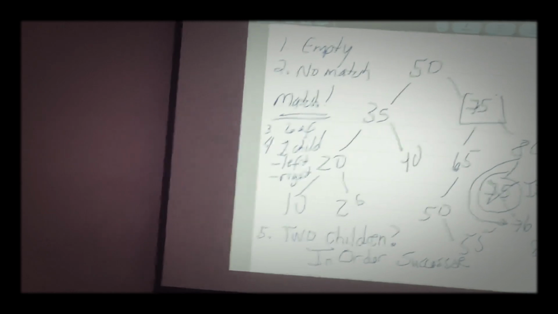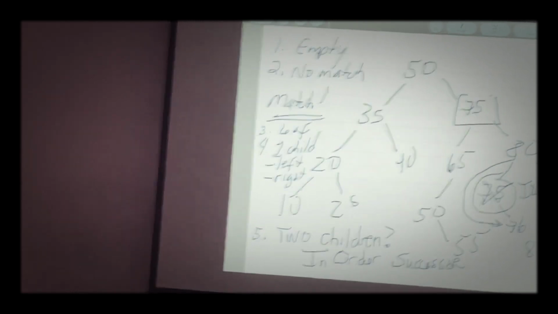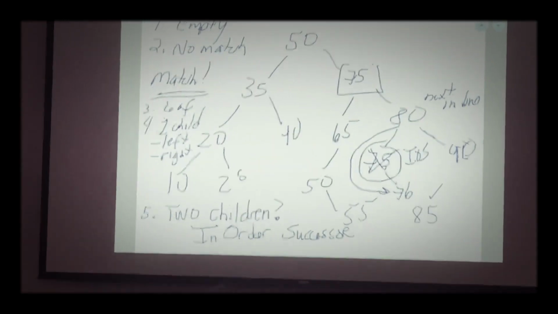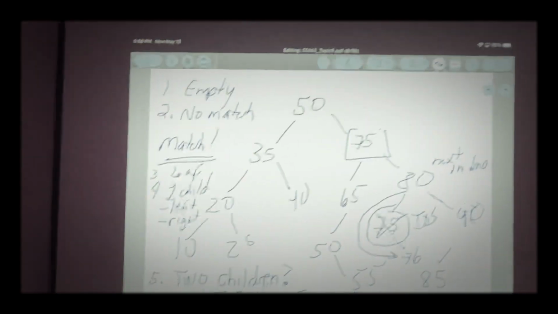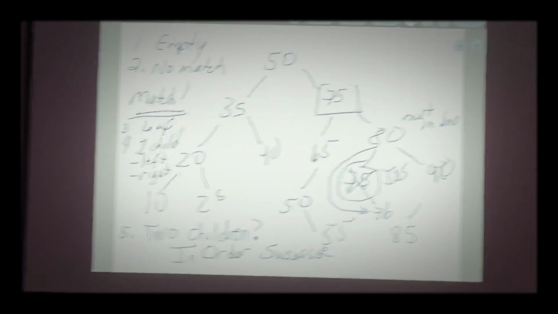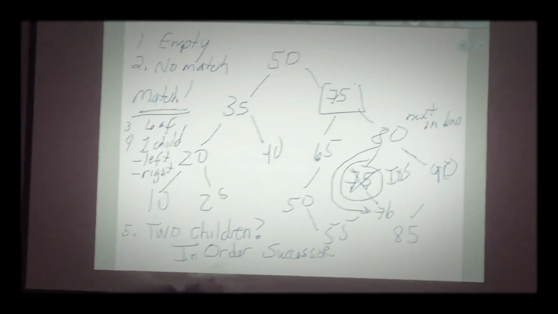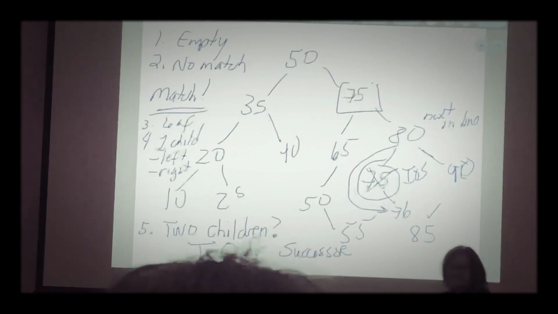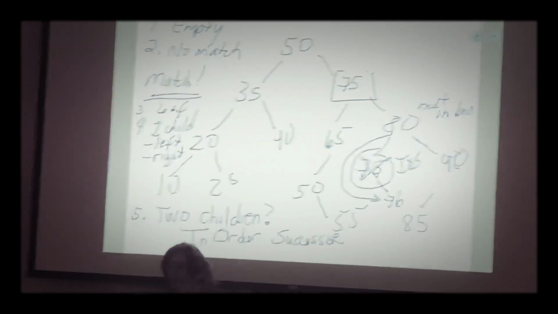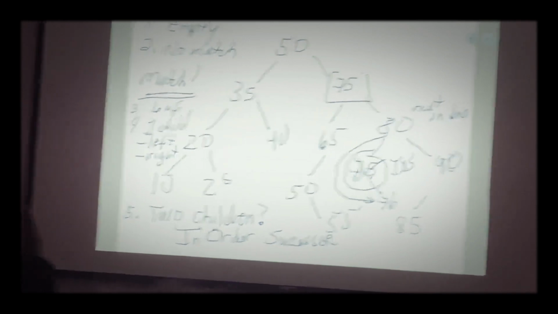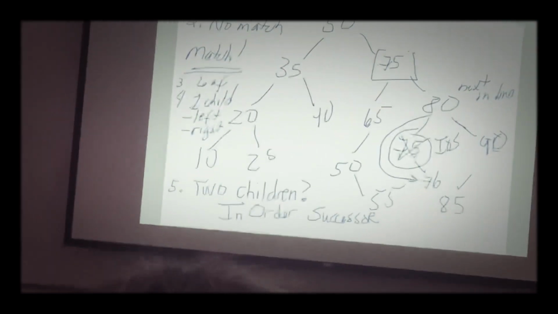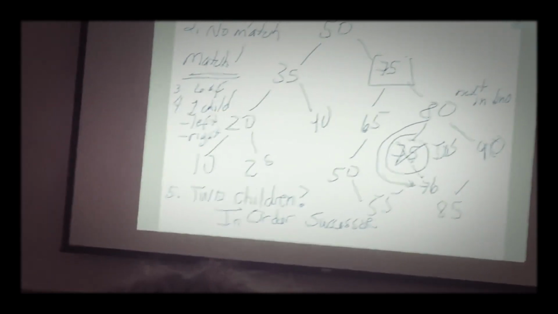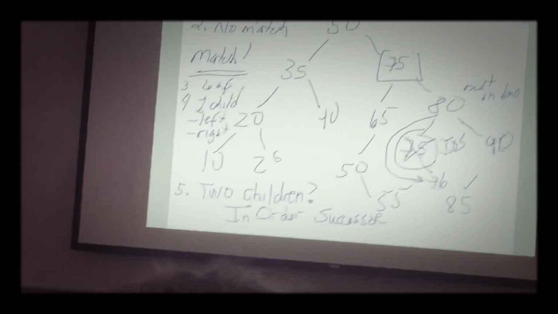And its parent will adopt its subtree, because they may have right children. So the iOS is the very smallest data in the right subtree. Very smallest is all the way left.